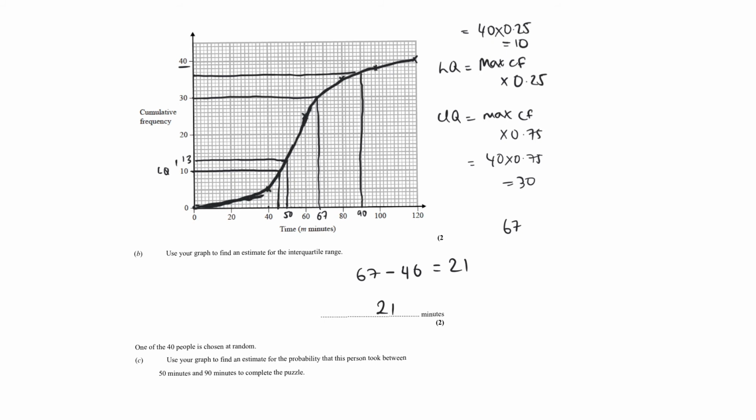So that's about 30. And then where it hits 90 is about, because each box is 1, so that's about 36. Okay, then to work out the probability between those times, I'm going to do 36 minus 13, and that's going to give me the numbers in between those times. So 36 minus 13 leaves me an answer of 23.